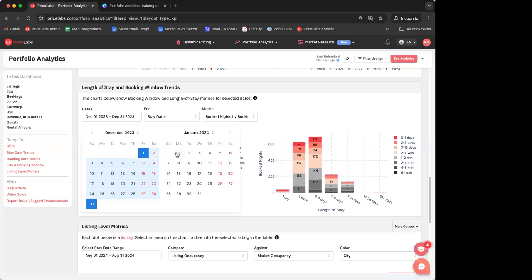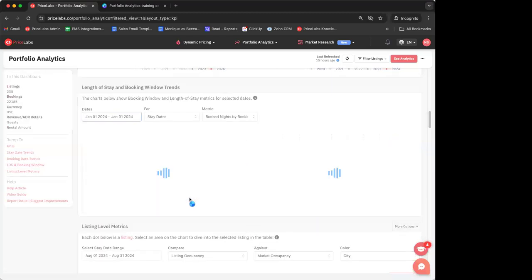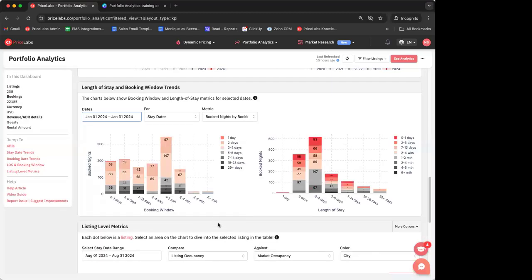You'll be able to see how that lead time evolves based on what month we're looking at. For January, there are still a lot of reservations coming in that are 1 to 2 months out, but there are a lot more reservations coming in within the last week, which would be these two here.